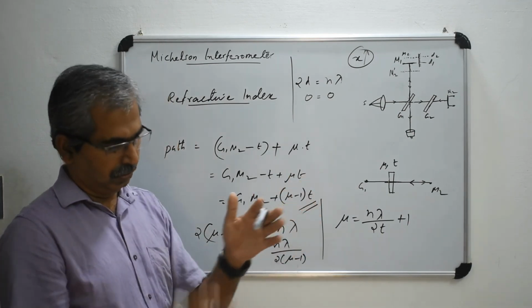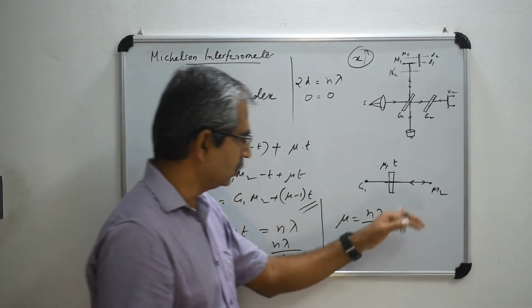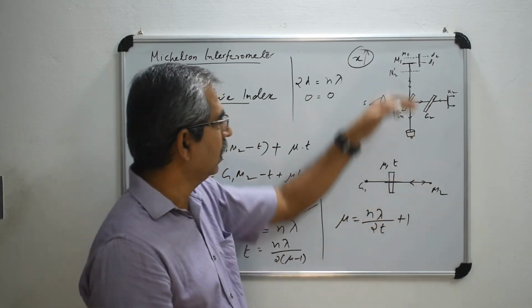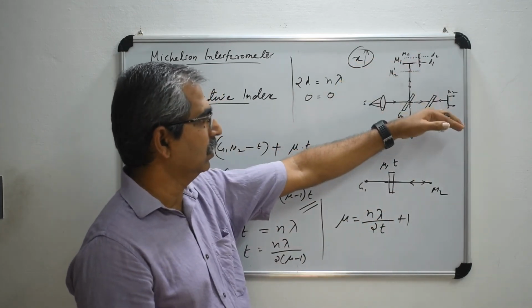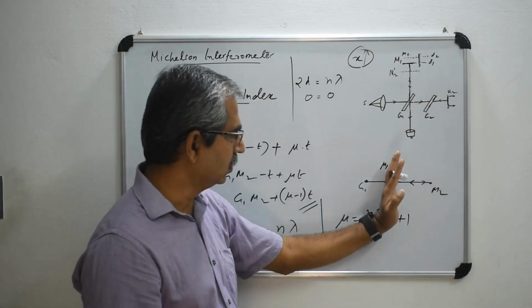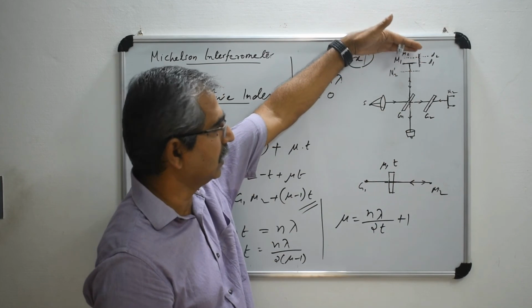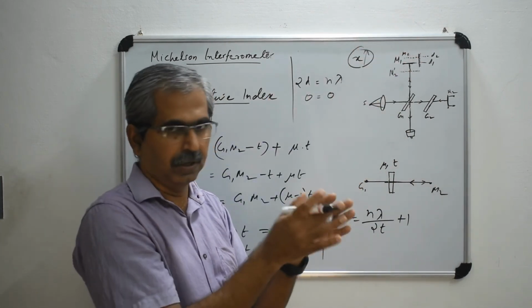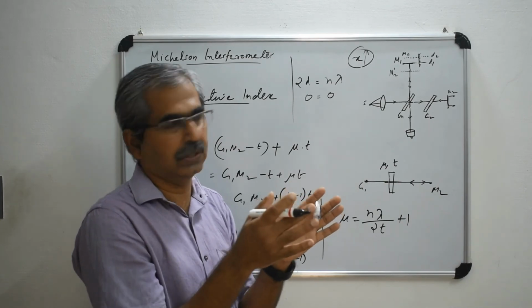So using the white light you can find the shift because of the thin sheet. Initially you have destructive interference; by introducing this, that will be changed. You move M1 in such a way that again the perfect destructive interference is obtained. That is the actual shift X.